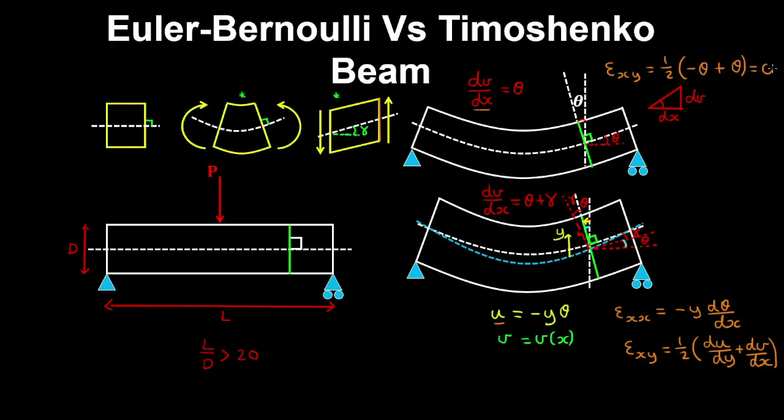And that's equal to 0. So there's no shear strains in the Euler-Bernoulli beam. And for the Timoshenko beam, epsilon xy is 1/2 by du dy, which is minus theta, plus dv dx. So that will be theta plus gamma.